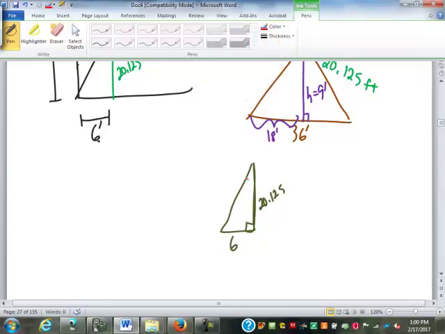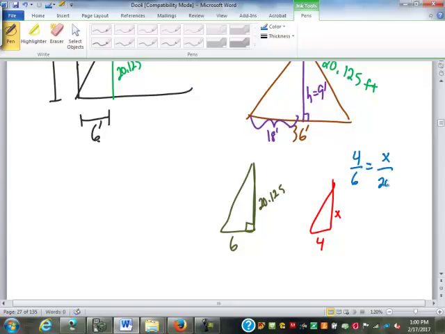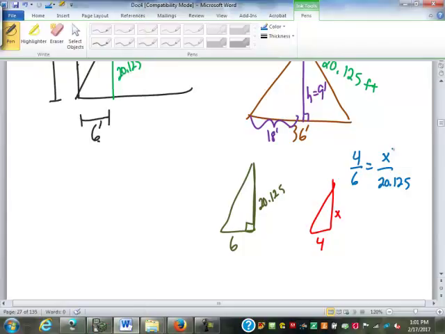And our next triangle that would be here, this is 4 and this is x, right? So 4 over 6 equals x over 20.125. Is 13.417.